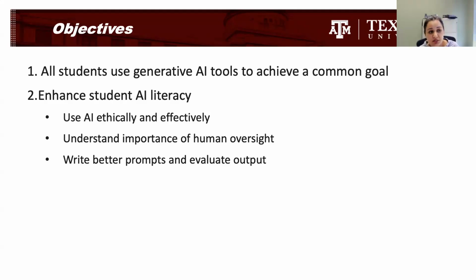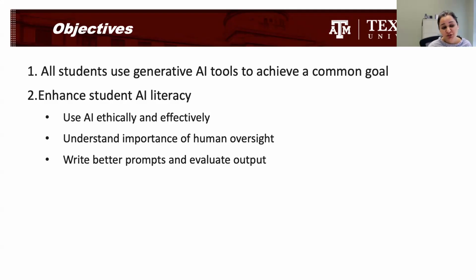So through this project, I wanted all the students to use the AI tools, and then work towards a common goal, which was to have their business plan ready. And my second goal was to enhance AI literacy for undergraduate students. It was actually for all the students basically.